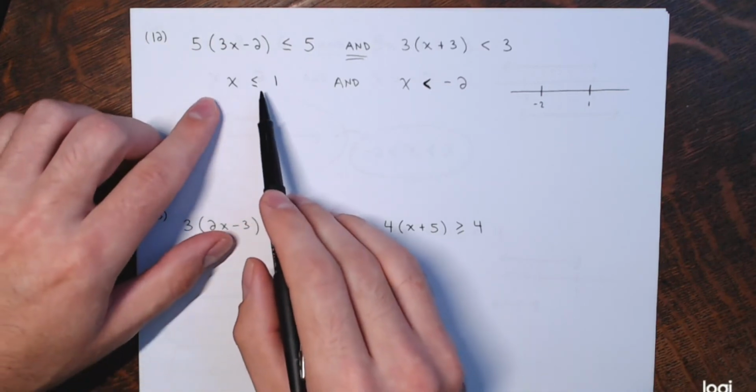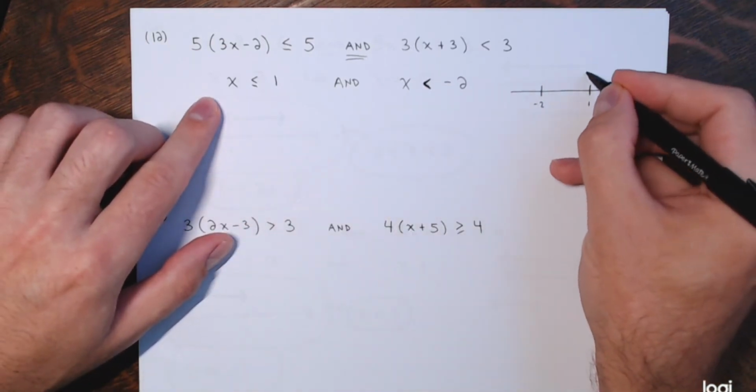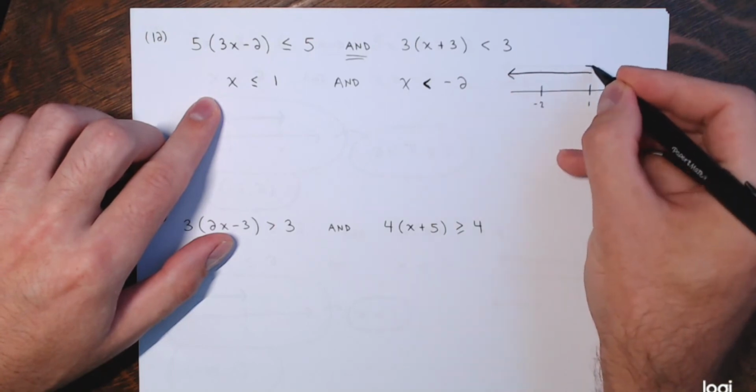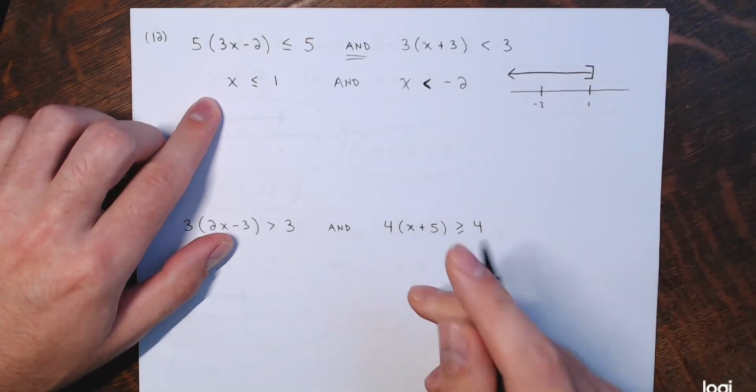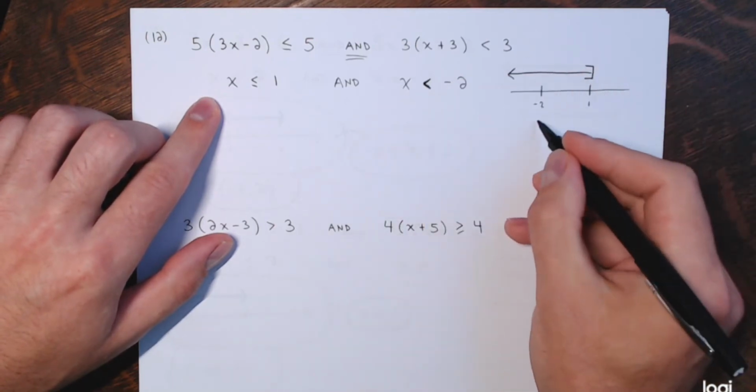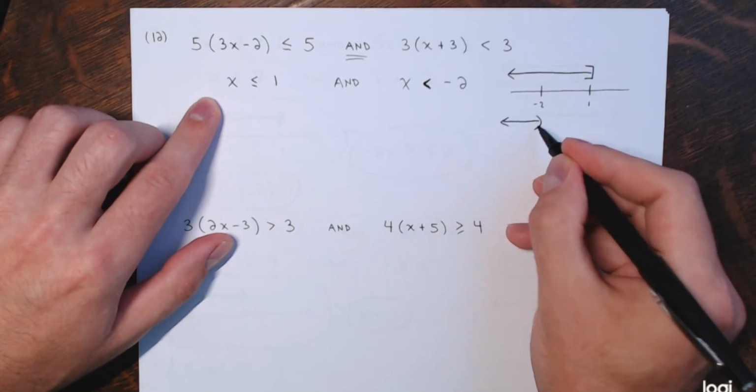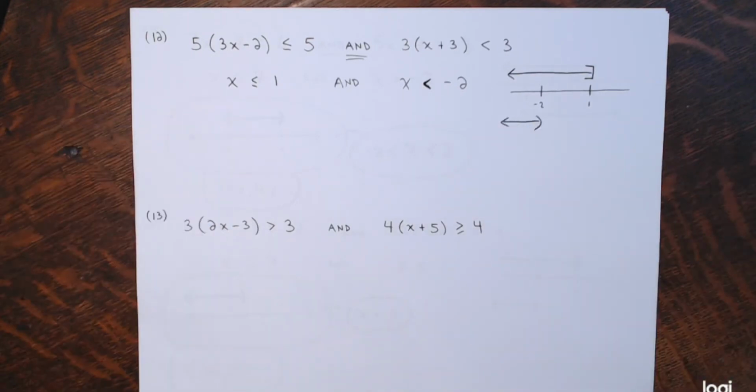x is less than or equal to 1. That would be this picture on top. x is less than negative 2. That would be this picture on bottom, not including negative 2. And I'm looking for overlap. This is pretty much like the previous example. I'm looking for all the numbers that are on both graphs.